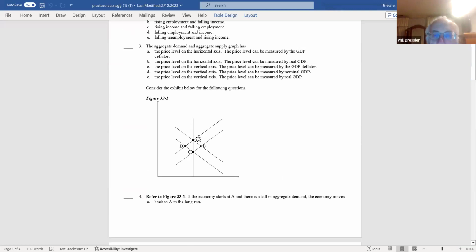Pessimism: start at A, shift aggregate demand to the left, and I'm going to be at B. But they're asking about the long run. So in the long run, I go from B, where I'm making less output, I need less workers, the demand for workers decreases, wages decrease, therefore I shift supply to the right, and I end up at C. At C, price levels are lower.